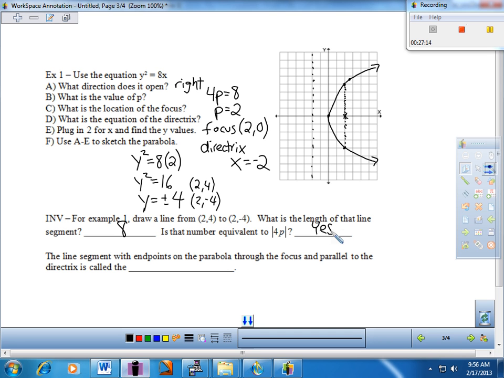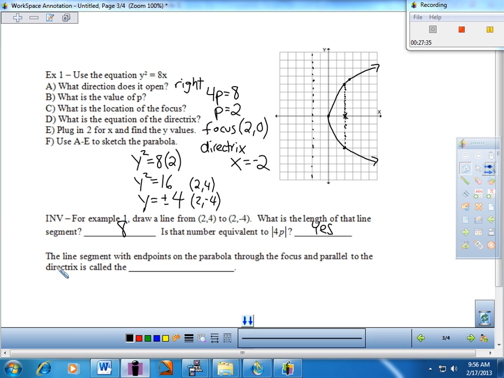And so that particular segment has a name, and you could see its connection a little bit to the model that we had here, and how nice that is geometrically, going through the focus and parallel to the directrix. So let's just write what we have here, and it's going to allow us to sketch a little easier.